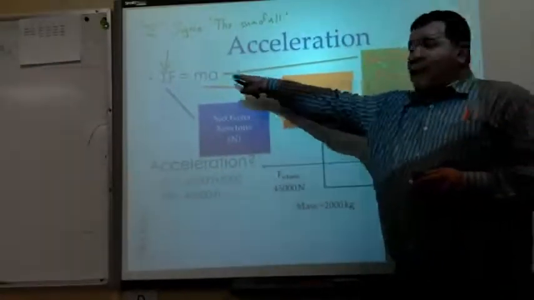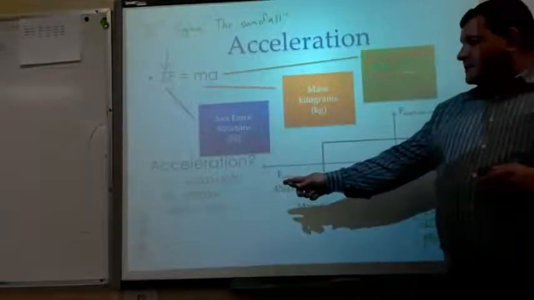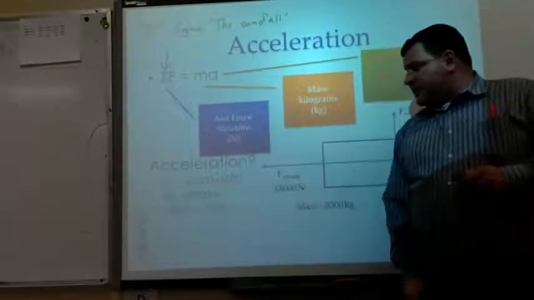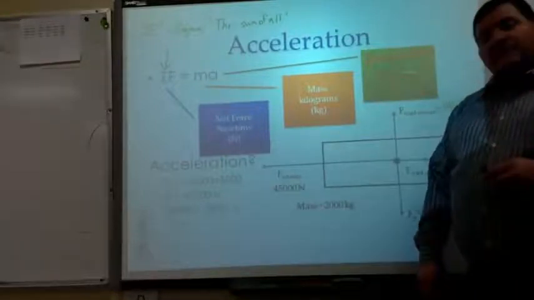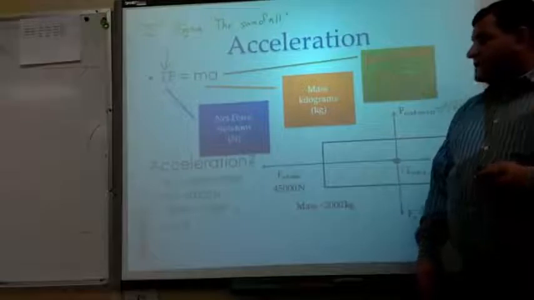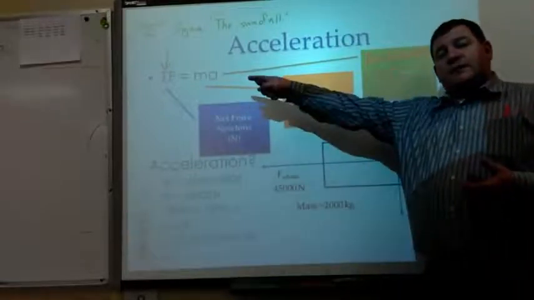Plug that into my F equals ma equation. Negative 40,000 equals the mass, 2,000, times the acceleration, which is what we're looking for. A is going to come out to negative 20, which tells me the acceleration of the car is 20 meters per second squared to the left.